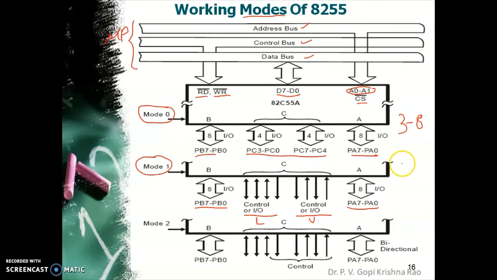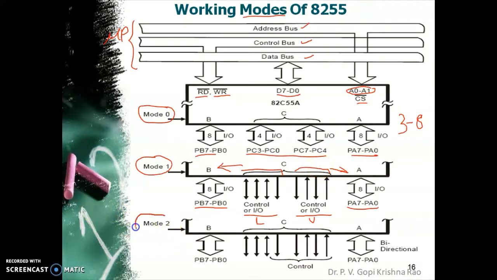That is the reason this is called a strobed IO mode. So these lower 4 lines of port C are augmented to port B for handshake signals. The upper 4 lines of port C are augmented with port A for the handshake operations.